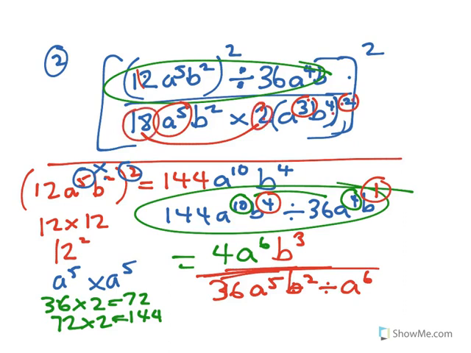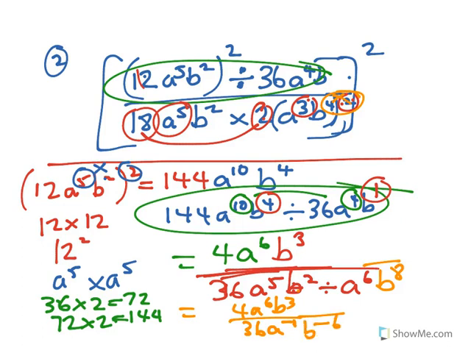B to the 4, all to the 2, so you times those. 4 2s are 8. Okay, so you get 4A^6B^3 over 36 A^5 A^6. Whoopsie, I didn't really mean to make it go like that, but we're going to do this anyway. 5 take away 6 is minus 1. B^2 over B^8, B take away 8 is minus 6.